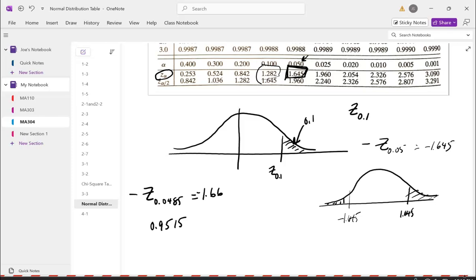Does that make sense? The problem asked for a negative of that. So I ignored the negative to find the value and then took the negative of it. That's all. Like I said, it wasn't particularly interesting.